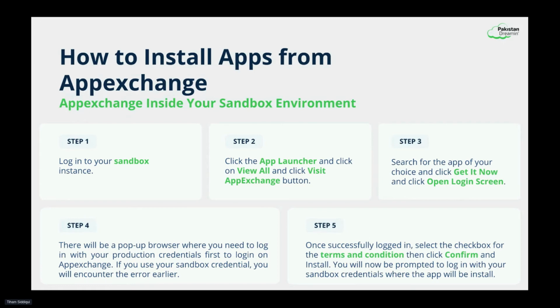You can search for the app, and when you select the app, it will show you the Get It Now button. By clicking on it, a login screen will pop up. You need to log in with your production credentials. Don't use your sandbox credentials, or you will encounter an error.